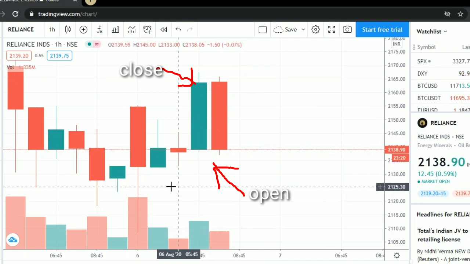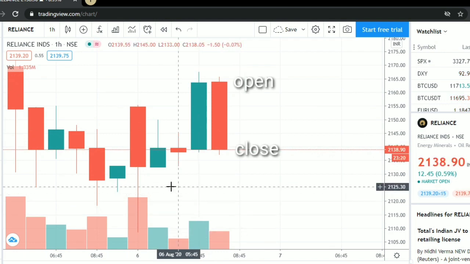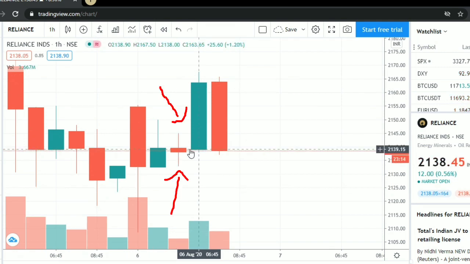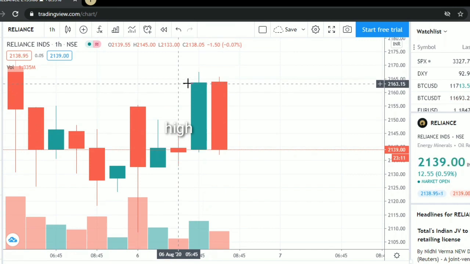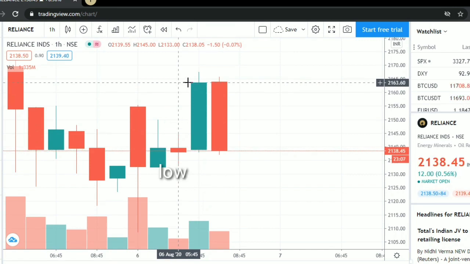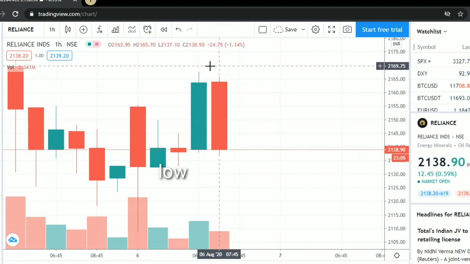If we take another candle which is in red, the opening price will be above and the closing price will be below. The extension above and below shows that the price has been fluctuating throughout that range, and the topmost part captures the highest price it has reached in that specific time frame, that is in 1 hour, and the bottom point denotes the lowest price it has reached in that specific time frame, that is 1 hour.